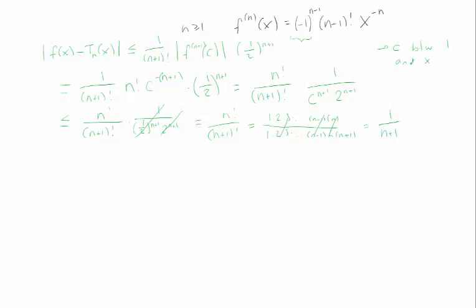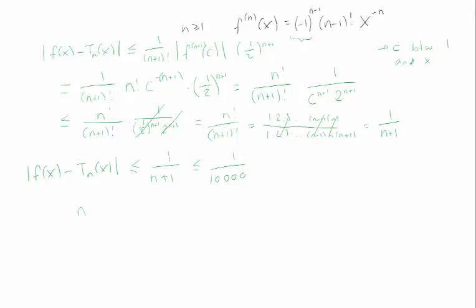What I wanted was my error to be less than 1 over 10,000. So I don't exactly know what my error is, but I know that it's at least less than 1 over n plus 1. So if 1 over n plus 1 is less than 1 over 10,000, then certainly my error is less than 1 over 10,000, because my error is less than 1 over n plus 1, and 1 over n plus 1 is less than 1 over 10,000.